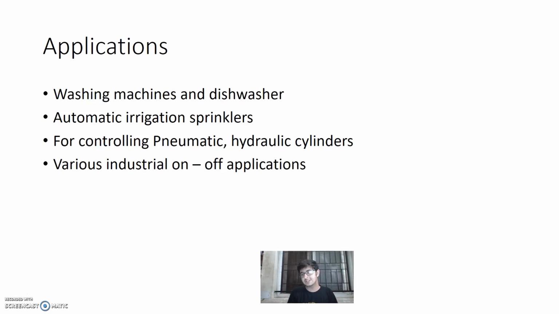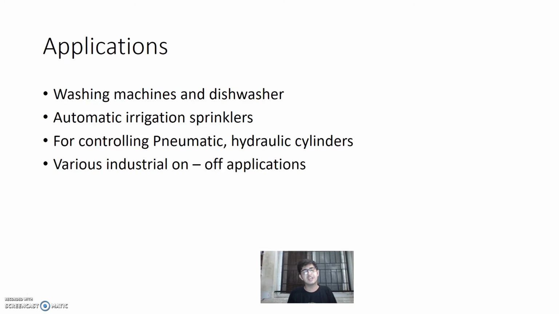Then we discussed that, based on mechanism, there are two types of solenoid valves available: one is direct acting solenoid valve and second is indirect. In direct acting solenoid valve, we have a plunger and rubber gasket with a spring attached to control. And in indirect solenoid valve, we have a diaphragm and spring attached to it, which works on the basis of pressure difference.